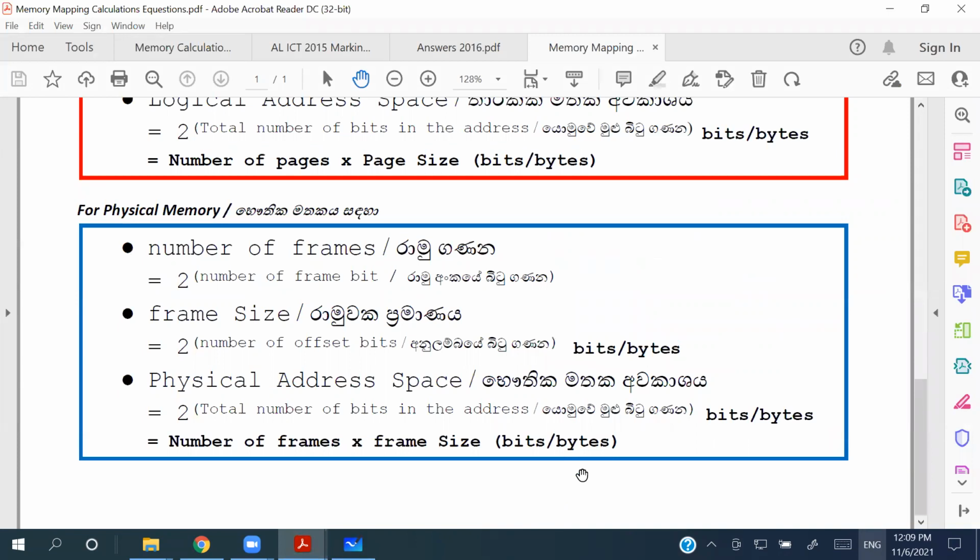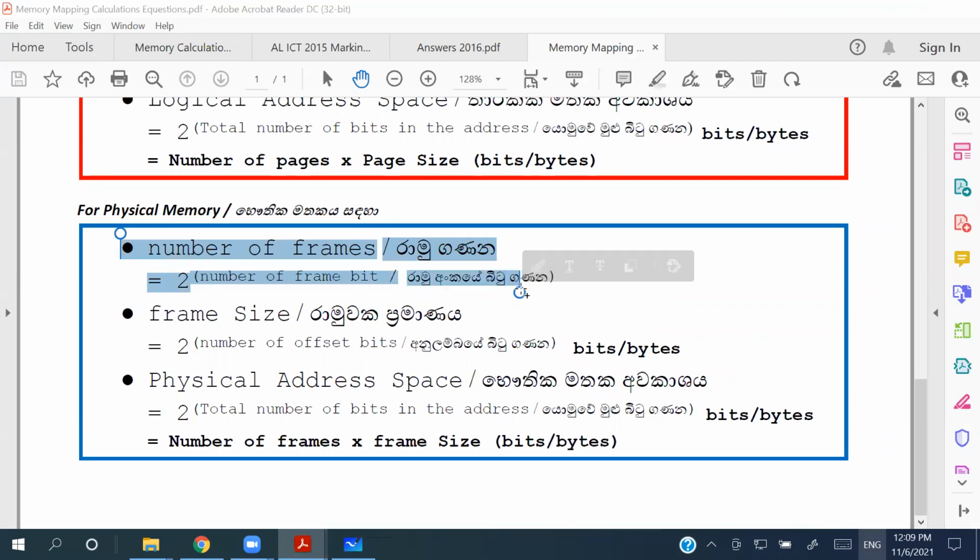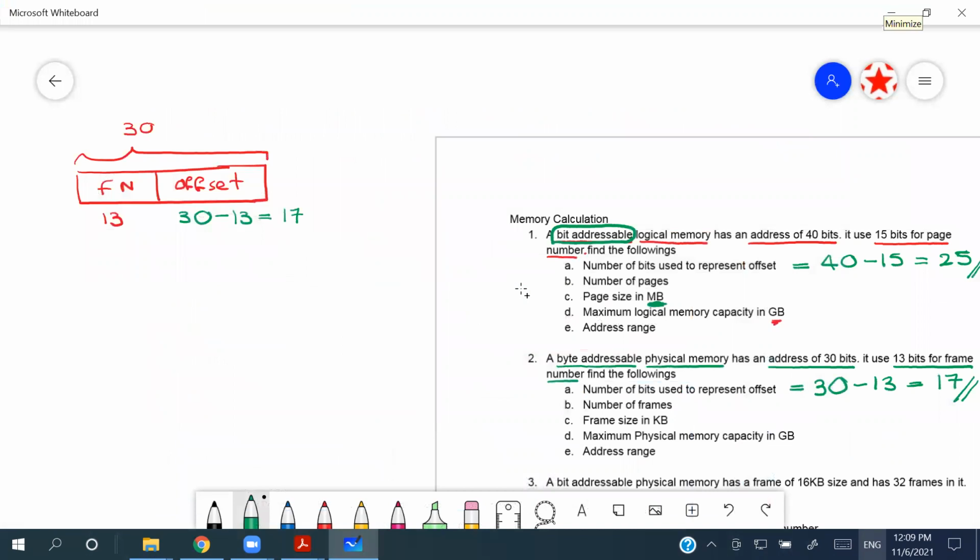So number of frames equals 2 to the power number of frame bits. There are 13 frame bits, so the number of frames is going to be 2 to the power 13.